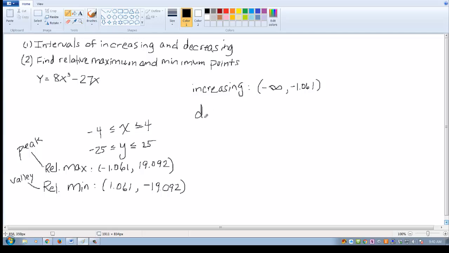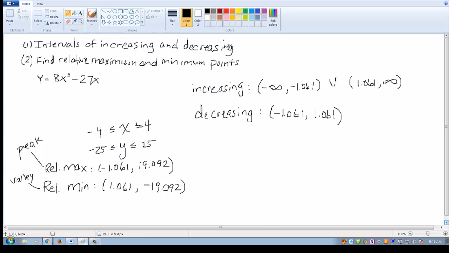Now the decreasing was next, so I'll just write that down. This is from -1.061, the x value, up to 1.061. And then we have a second interval for increasing, which is 1.061 comma infinity. Now between these two increasing intervals, I'm going to do a union.